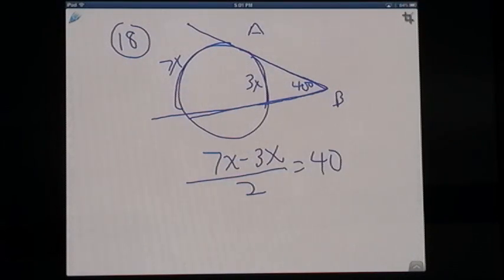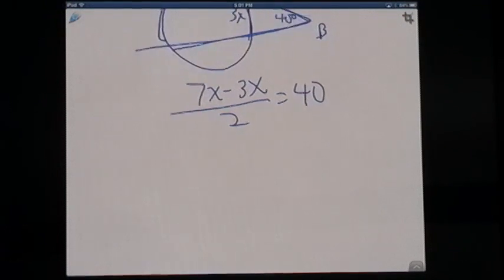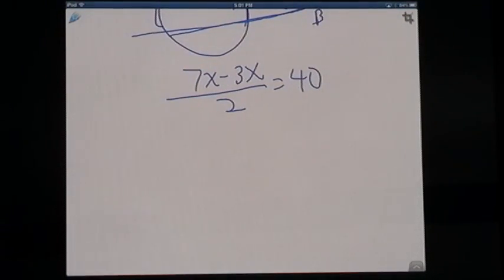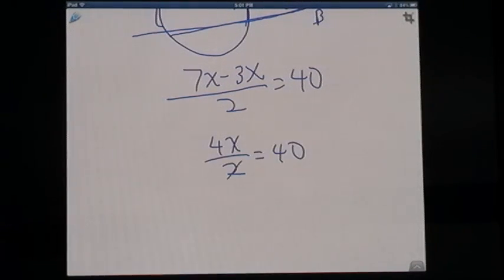Now you may start thinking, okay, I need to multiply both sides by 2 or whatever. You don't have to though, because 7x minus 3x you can do. You don't always get the opportunity to do that, but you can this time. And then you can cancel this 2 with the 4 above it. So you have 2x equals 40, so x equals 20.